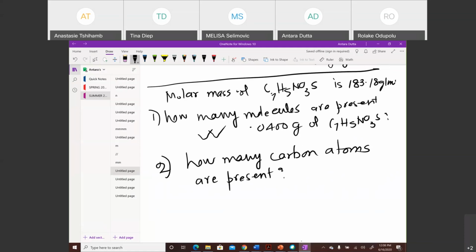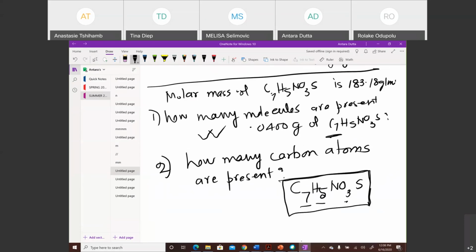So how do you know how many carbon atoms are present in that many grams of the compound? Here is our formula, C7H5NO3S. What does this subscript mean to you? We know that they mean the number of atoms. This is basically the microscopic picture. This is a compound, not an element. Several elements are combined together.